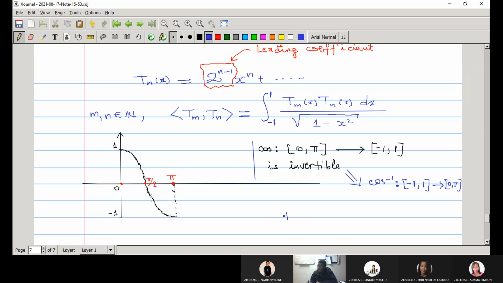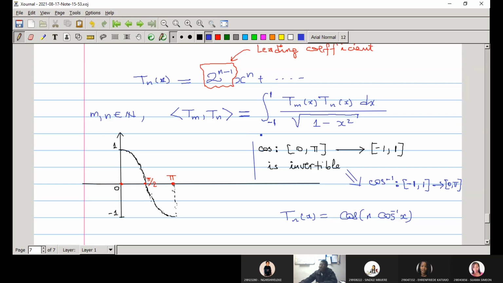Remember that when you take your x, cosine inverse of that x, this x is in the interval -1, 1. And that's why we have here -1, 1.